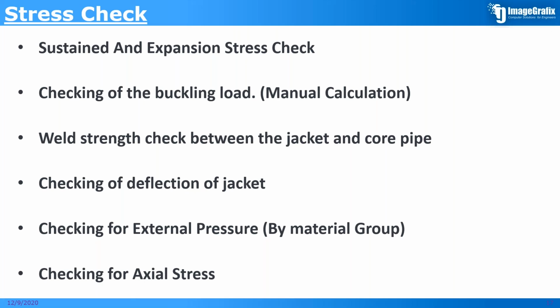And if any buckling loads come into the picture, or for very large diameter pipes where there are chances of buckling loads, then the buckling loads have to be calculated individually for your core, through manual calculations. Then how do I do that? The critical pressure for buckling, which has been calculated, should always be greater than the pressure or force load happening at that node point from Caesar.